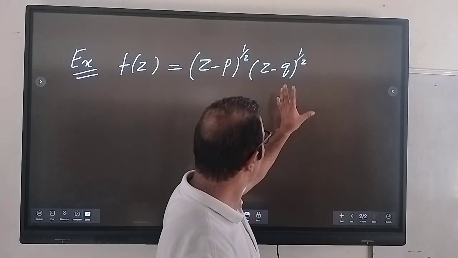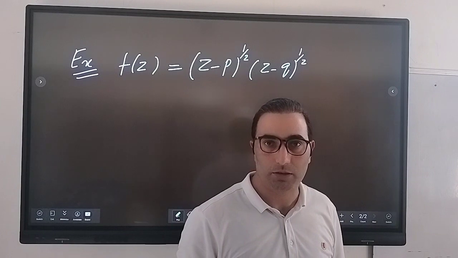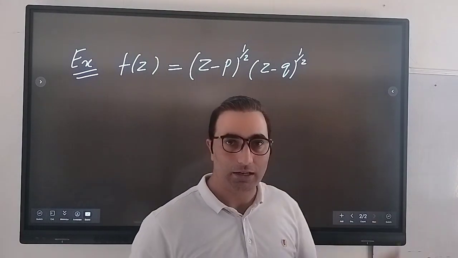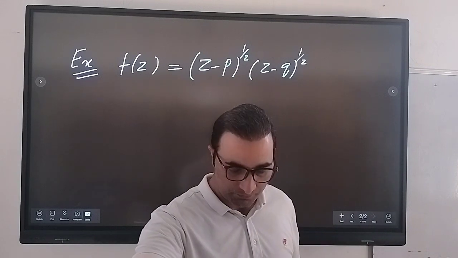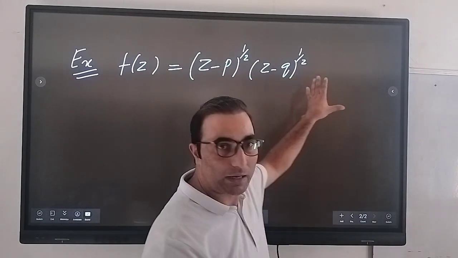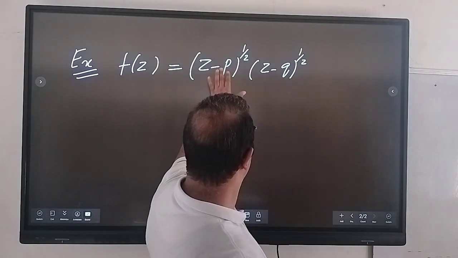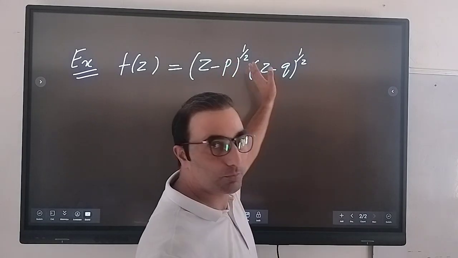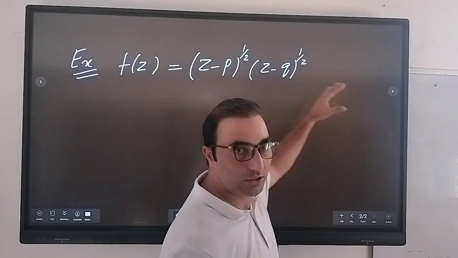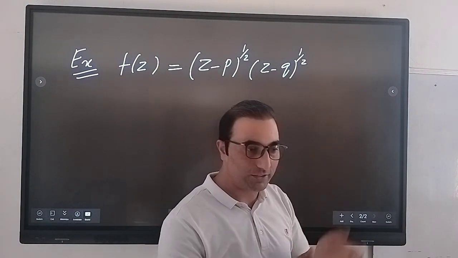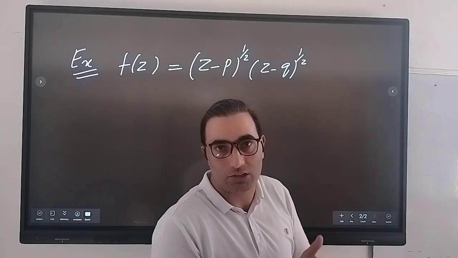This is our function, and p and q are basically... I cannot draw these infinite Riemann surfaces, because for this we have z raised to the power 1 by 2, so we need two Riemann surfaces here, and similarly for the other function we need two more Riemann surfaces. These are interlinked with each other, so I cannot draw that.